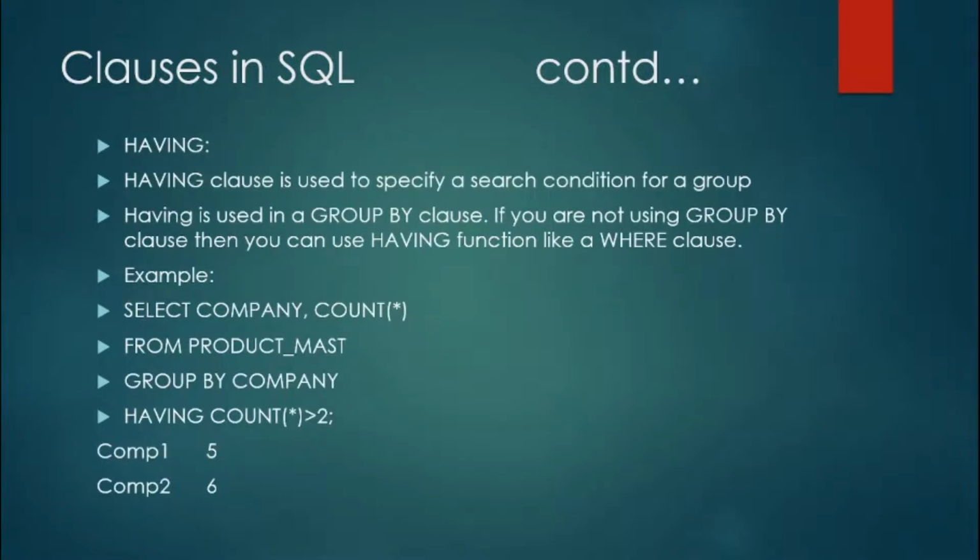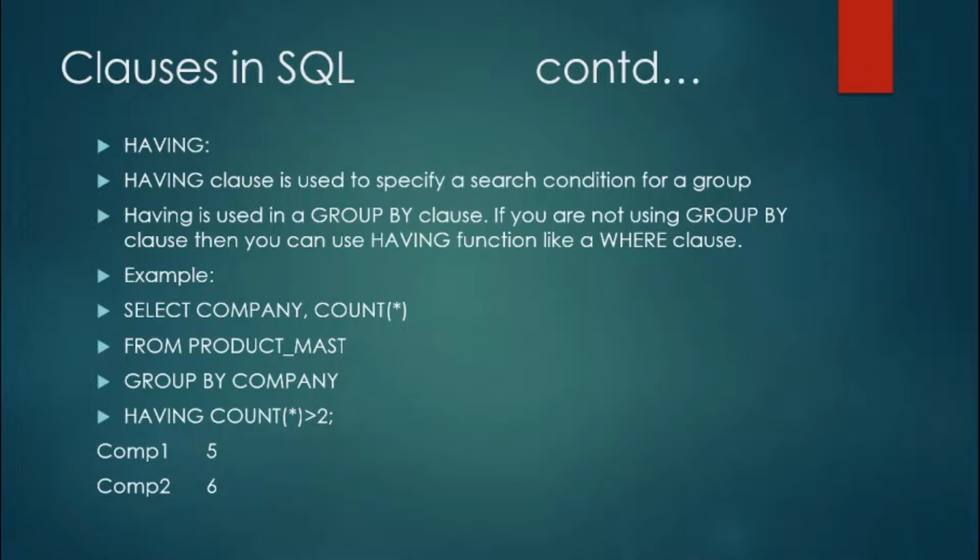Next is the having clause. As you have seen, the where clause filters your records; in a similar way, having will filter your groups. This is the main difference, and it is one of the most important interview questions, asked in companies like Harman and in database testing interviews like Empower Retirement and JP Morgan.